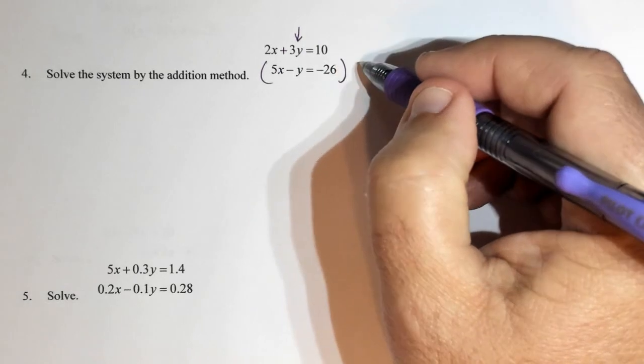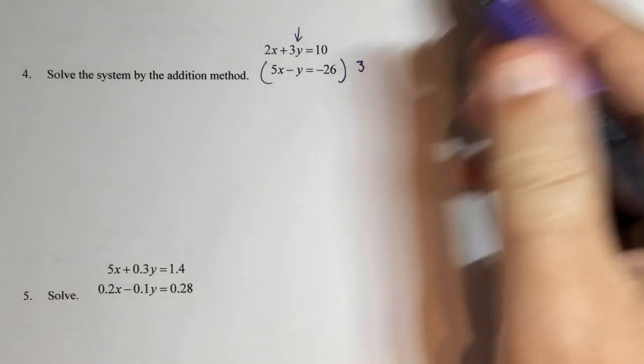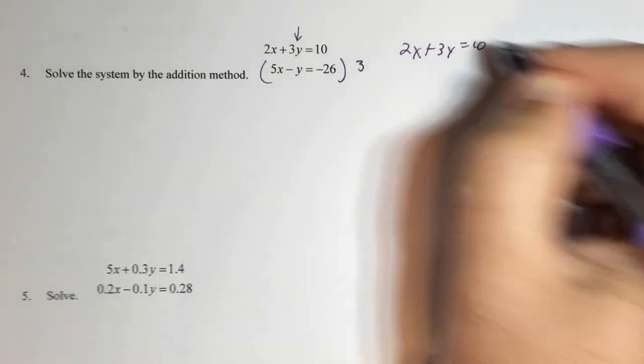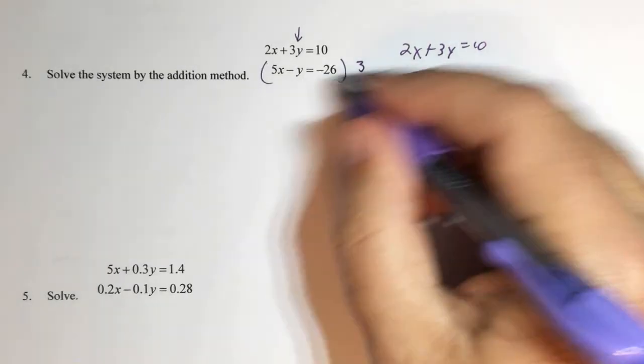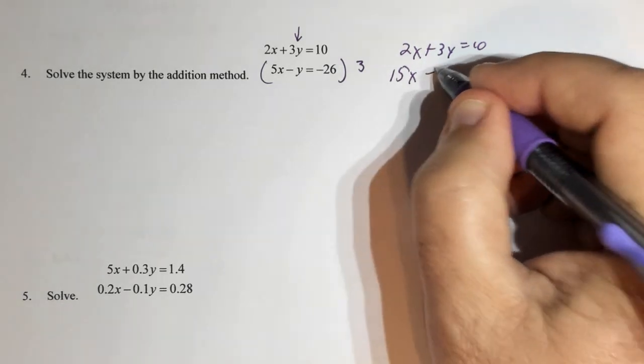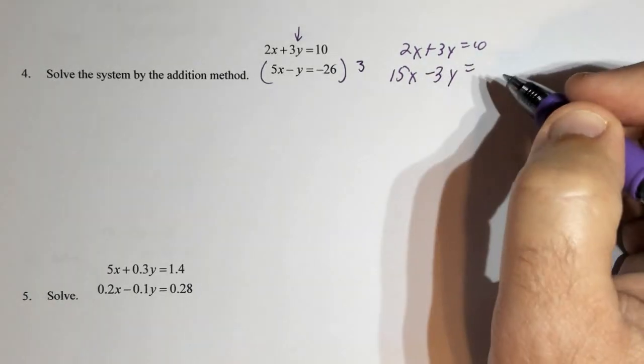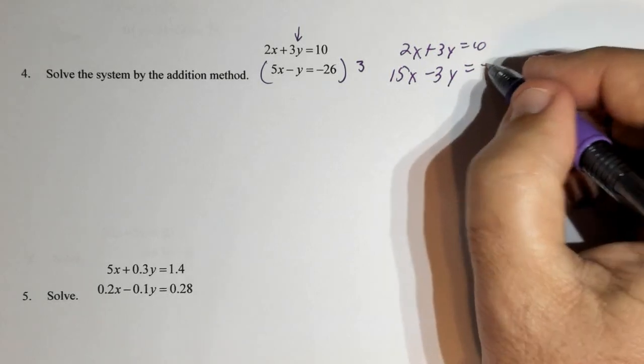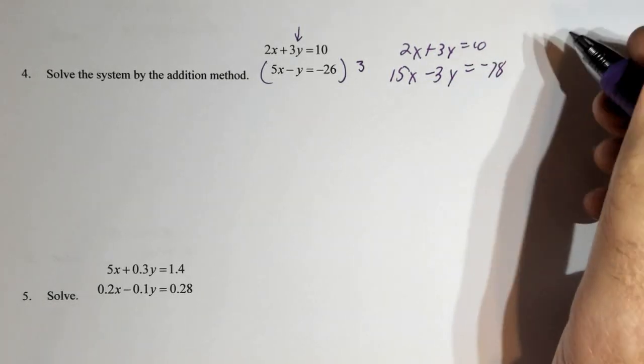signs. So we're going to multiply this by 3, which is going to give me 2x plus 3y is equal to 10. And then we multiply by, that would be 15x minus 3y is equal to, that's negative 78, what we had last time.